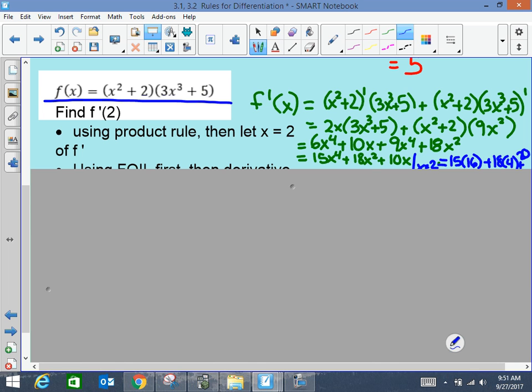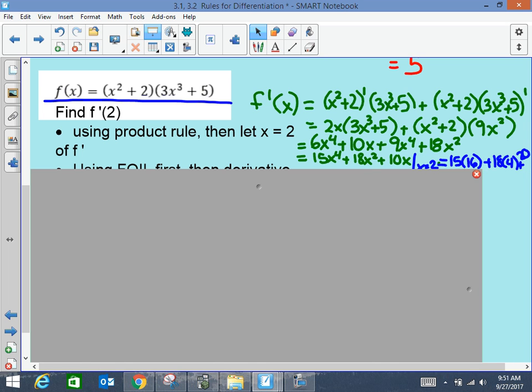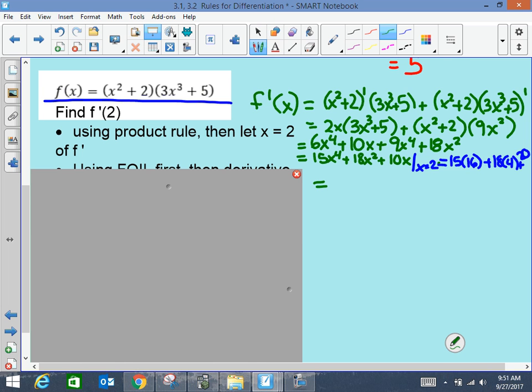All right, anybody have a final answer for me? Did you all simplify like I did, or did you just start plugging in 2 right here? What did you get, Lauren? 224? Is that what you said? Yes. Okay.